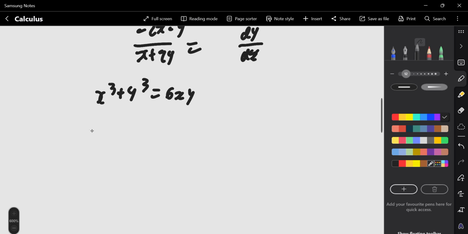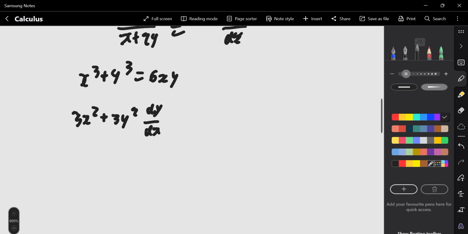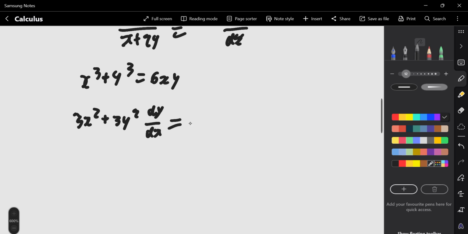So this is going to become 3x squared plus 3y squared dy by dx. It's weird how I say dy by dx now instead of y prime, but that's just how I do these ones. Equals 6y plus 6x dy by dx. Move this onto the right-hand side and then take that to the left-hand side.